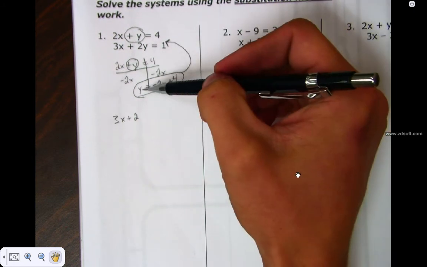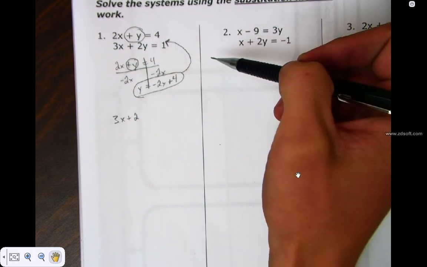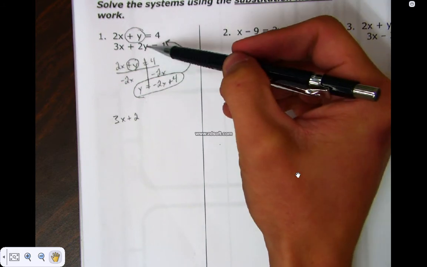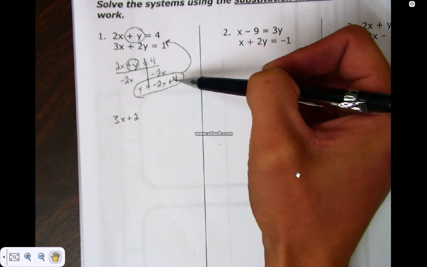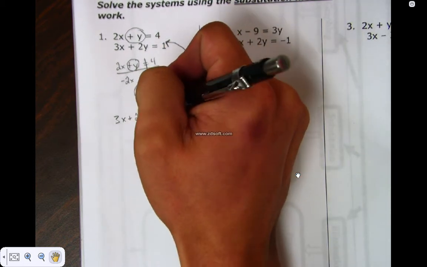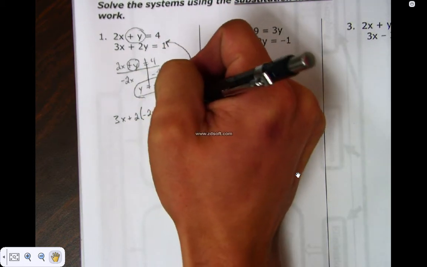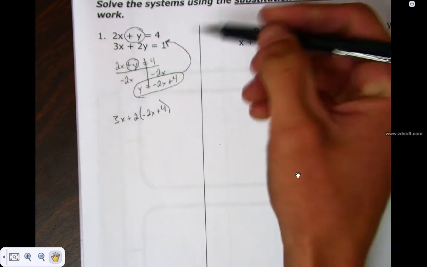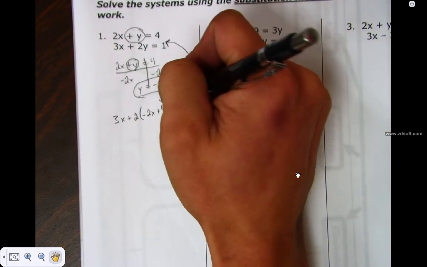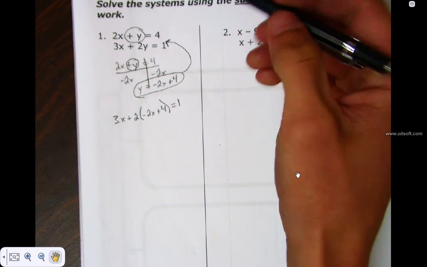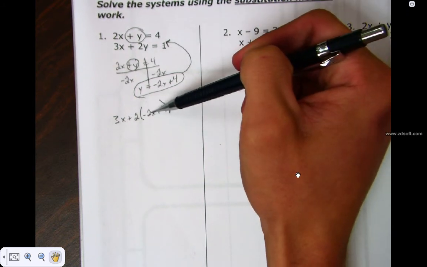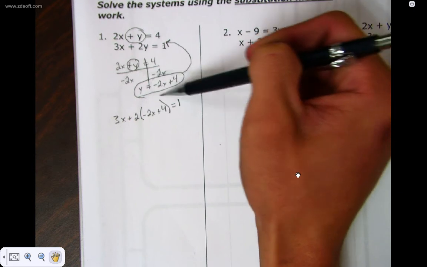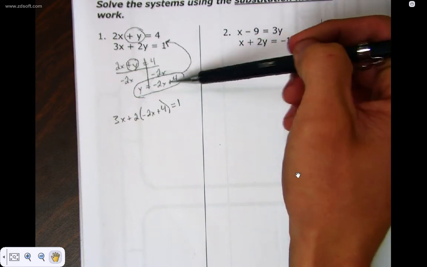We solved for y, so instead of writing y, we're going to write what y equals, which is negative 2x plus 4. So put a parentheses, negative 2x plus 4, and then keep writing the rest of the equation, equals 1. You see how I just rewrote this exact equation, except instead of putting y here, I put what y equals, which is negative 2x plus 4.